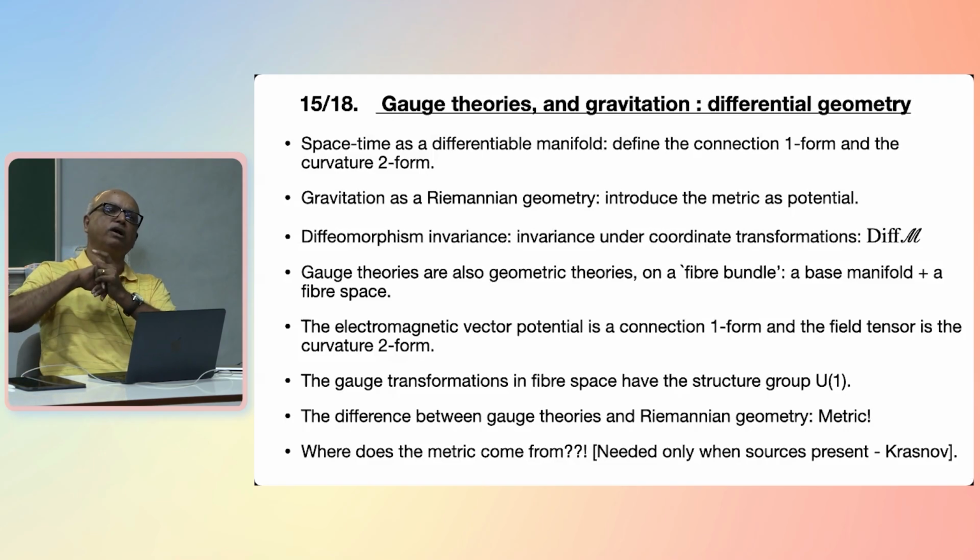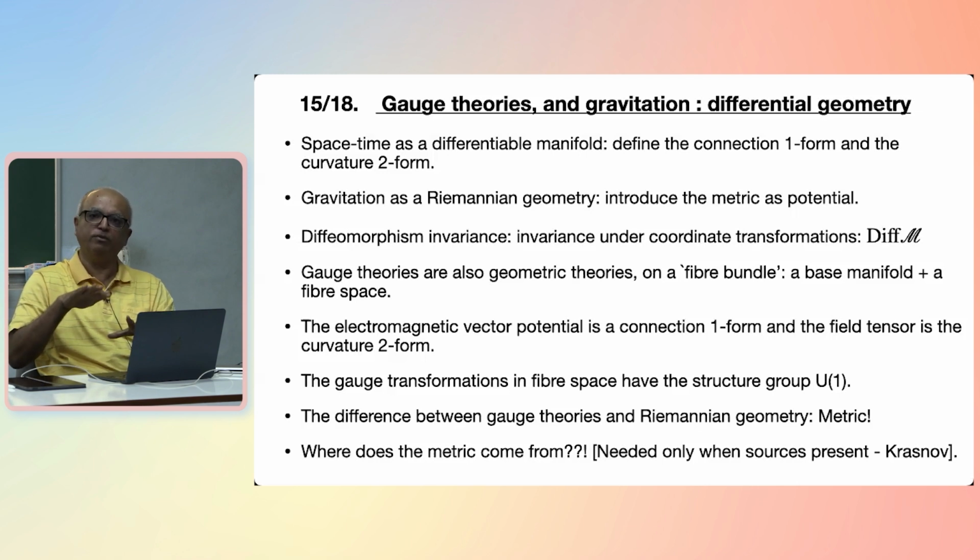Let me try to understand your question. On a space-time manifold there is also a fiber bundle associated with the space-time. At every point in space-time you have a tangent space, because when you draw tangent vectors at a point, they lie in a tangent space. That tangent space is a fiber.